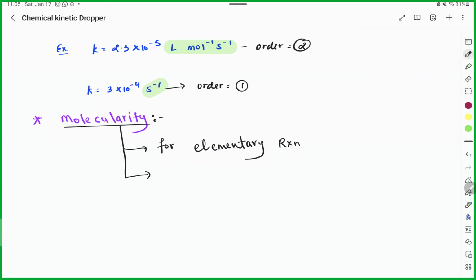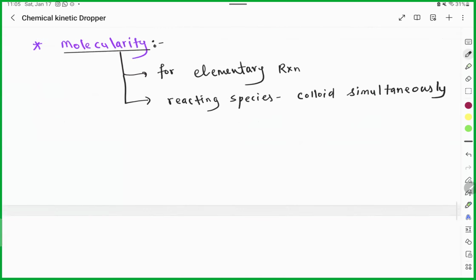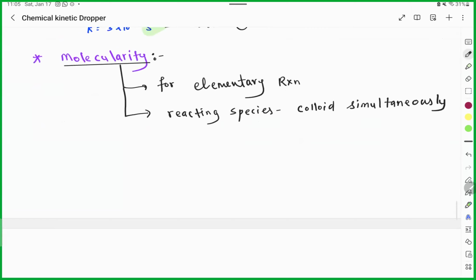Second, here the reacting species collide with each other simultaneously. So for complex reactions, we can't say molecularity. Even if we break it down into multiple steps, we can't just say it for the overall reaction. For one of the steps we can calculate, but for the overall we can't.